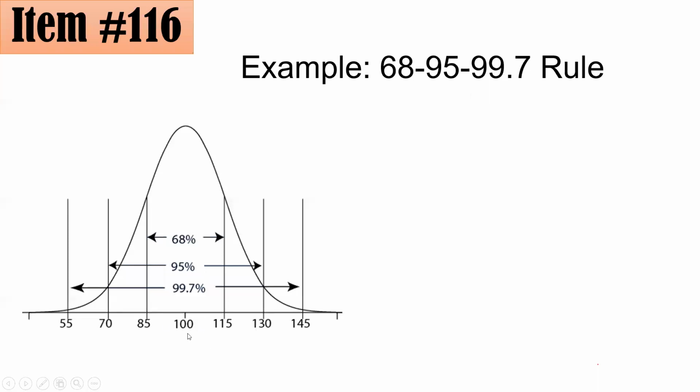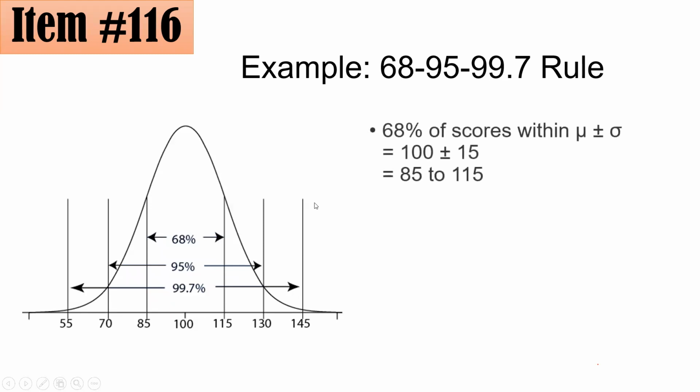If you go to the right, you are adding the standard deviation. Plus 15, 115, plus 15, 130, plus 15, 145. At meron po tayong empirical rule, no? That is, within one standard deviation away, from 85 to 115, approximately 68% of the scores are located there.